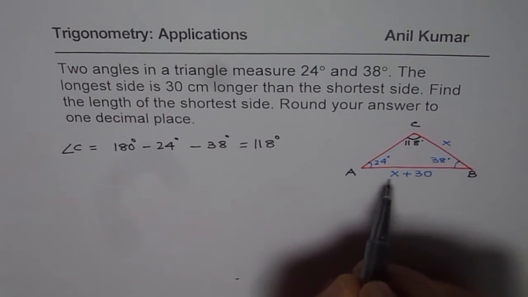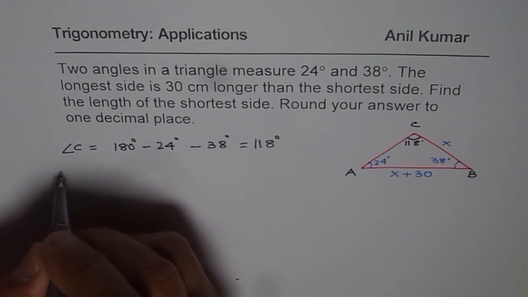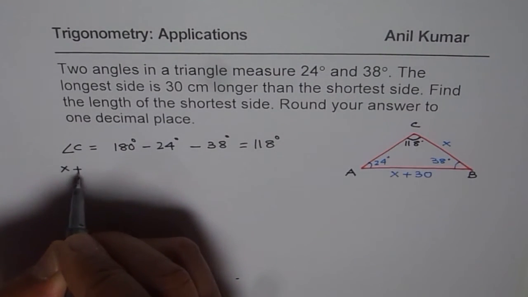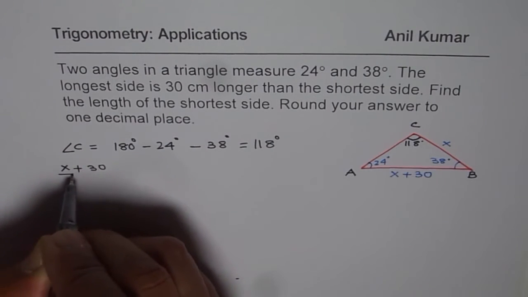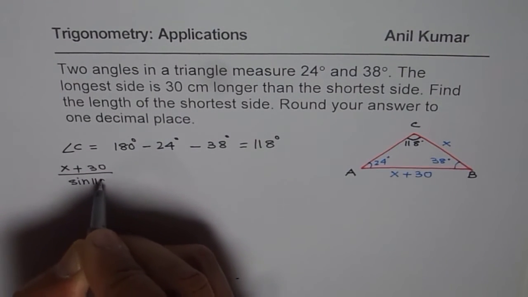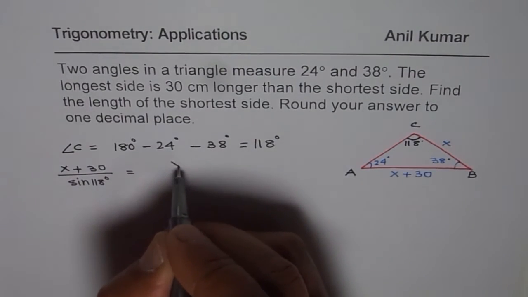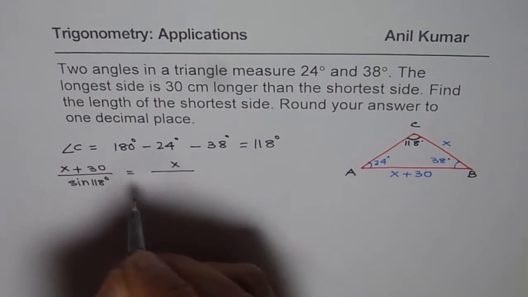By the sine law, we can write (x plus 30) over sine of 118 degrees equals x over sine of 24 degrees.